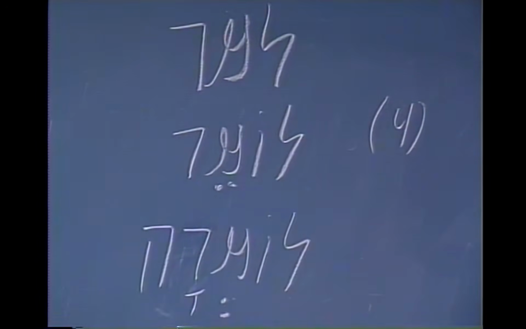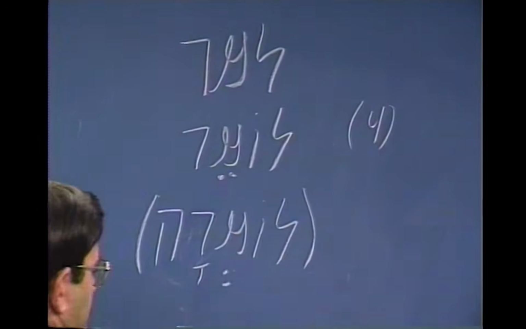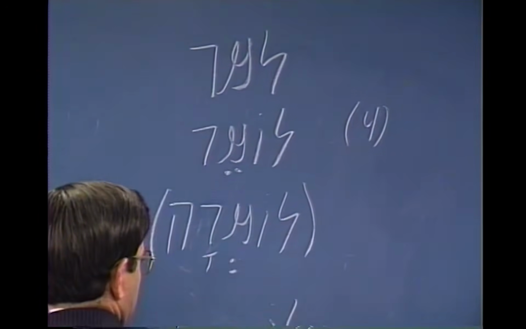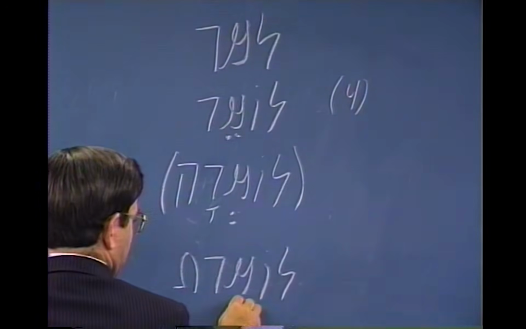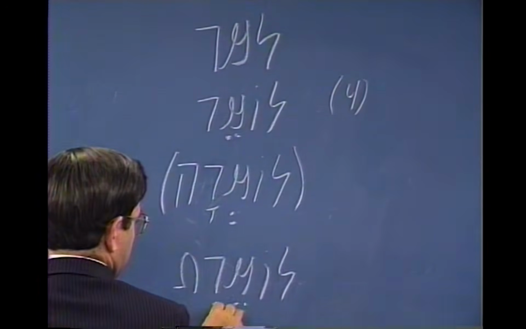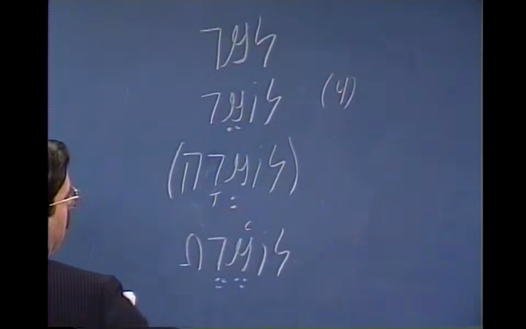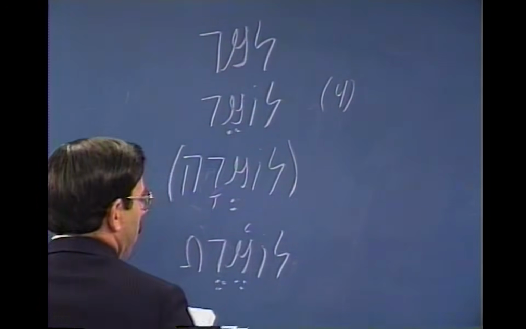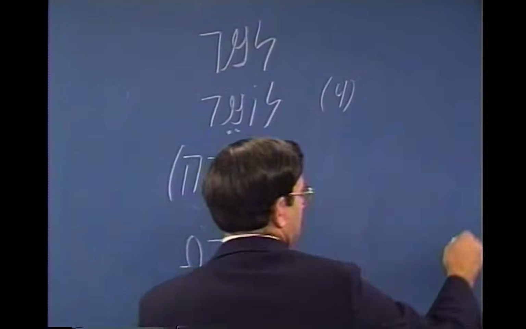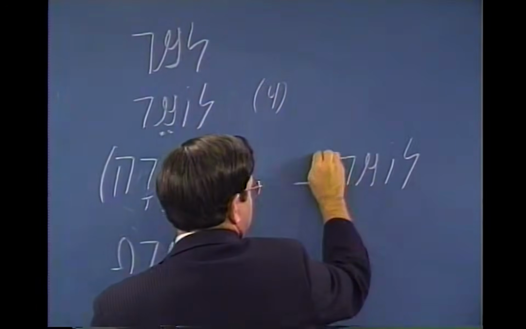That'd be the feminine. All right, and then we also have to remember that is the form that doesn't occur very often, but most of the time what you're going to have is this right here. That's what occurs most often in biblical Hebrew. So that would be the feminine that would coincide with the masculine that we had up there. All right, then we'll slide over here. We want to do the same thing with the plural.